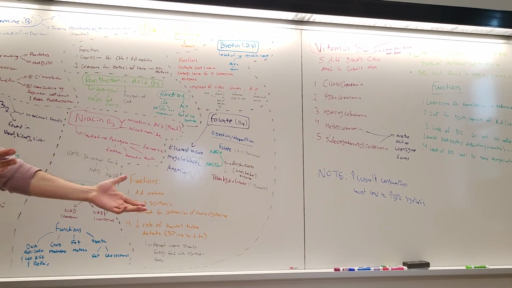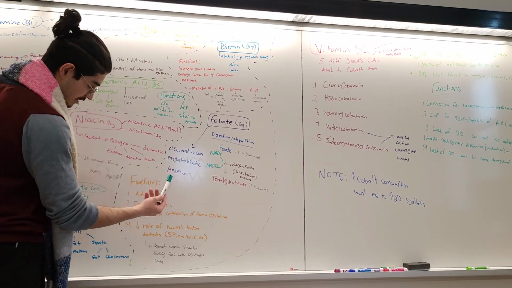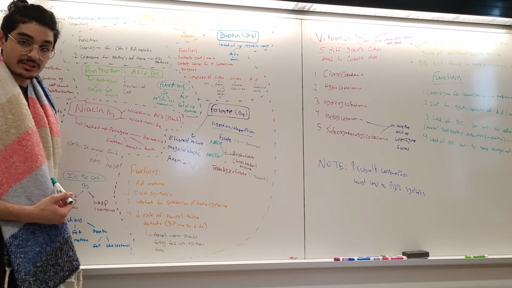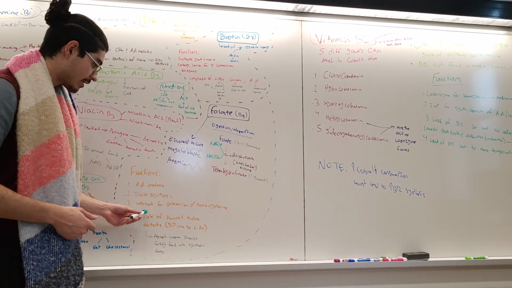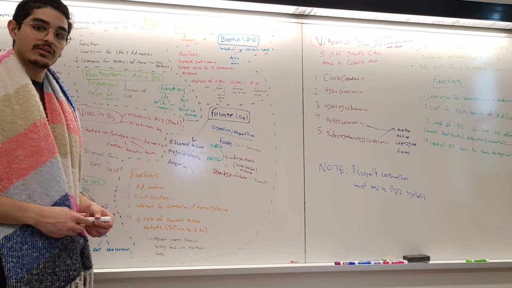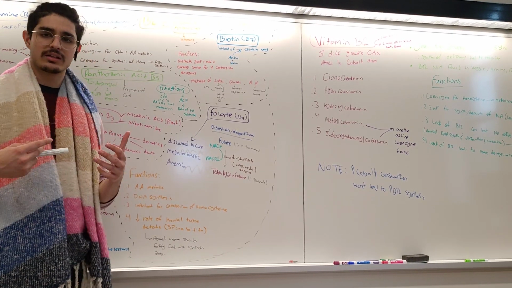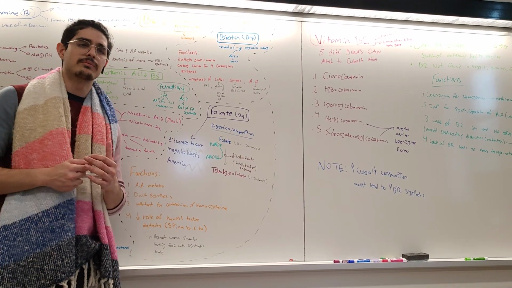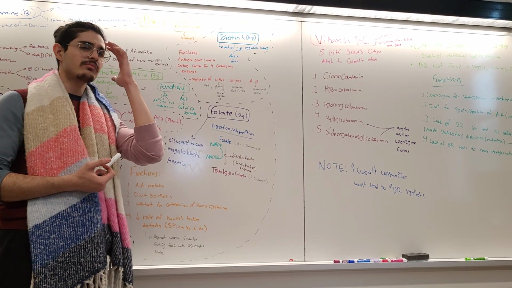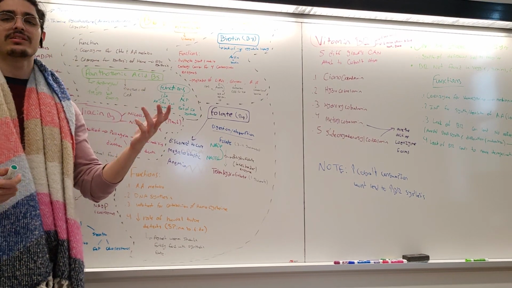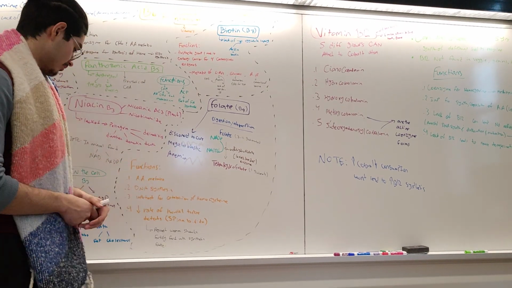So what are the functions? Well, it assists in amino acid metabolism. It has a role in DNA synthesis. It is important for the catabolism of homocysteine, okay, because elevated homocysteine levels lead to damage in the blood vessels and I think free oxygen, reactive oxygen species. I don't know.